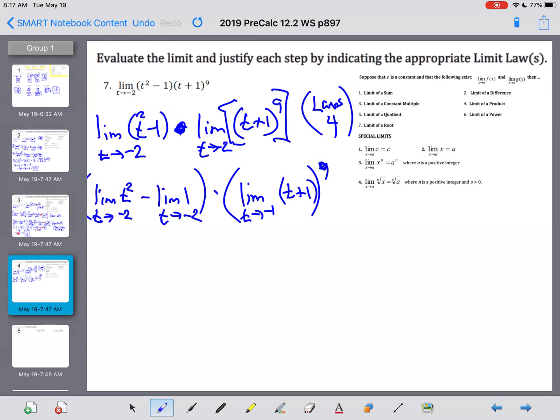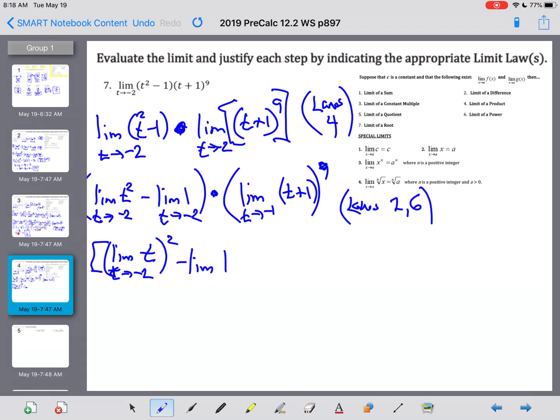Okay, so again, this is multiply here. And here I use laws. I use the difference law, so law 2. And I use the power, so I use 2 and 6. I'm going to use the power law again here, so I'm going to get the limit as t approaches negative 2 of t squared minus the limit of 1 as t approaches negative 2.